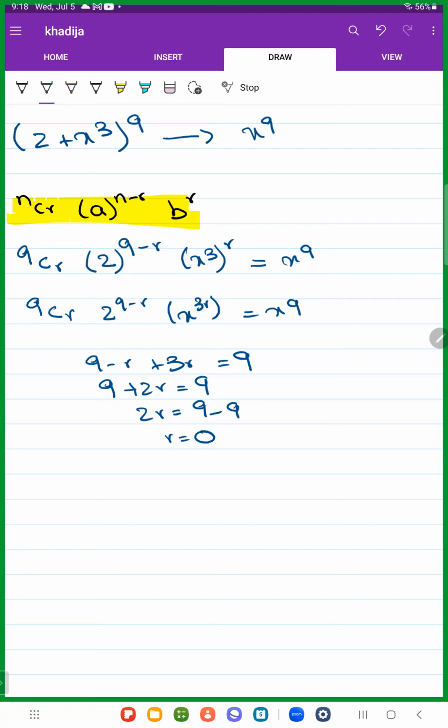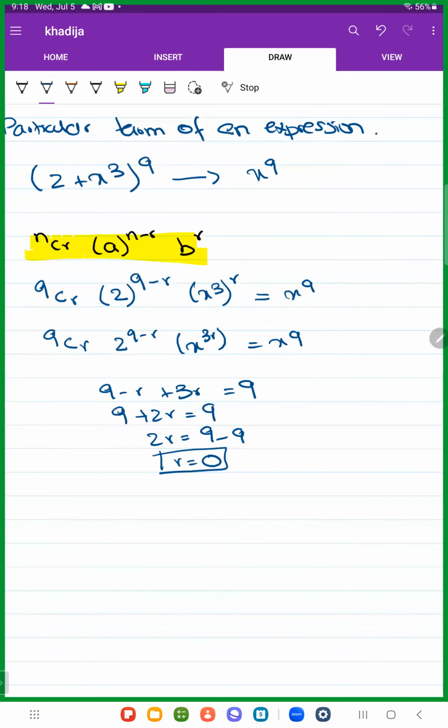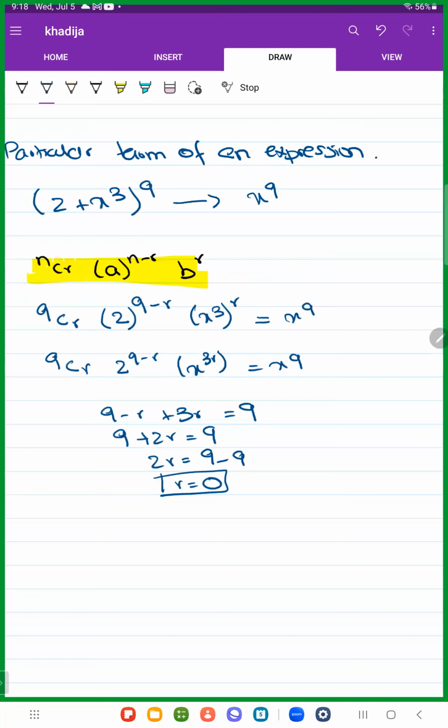So this basically tells us that when r is 0, we are supposed to get our term for x cubed.